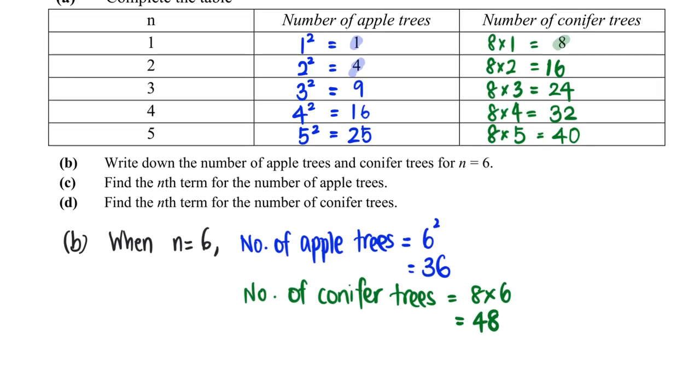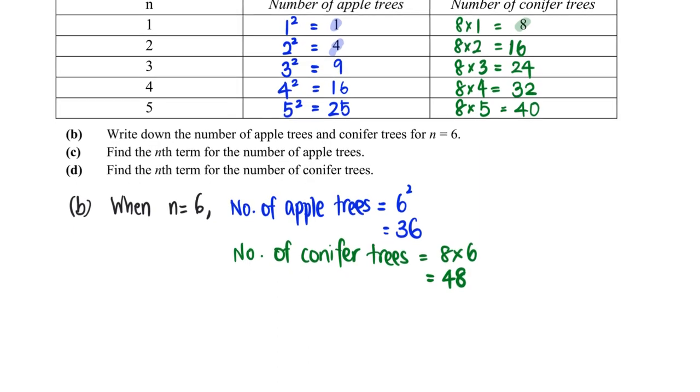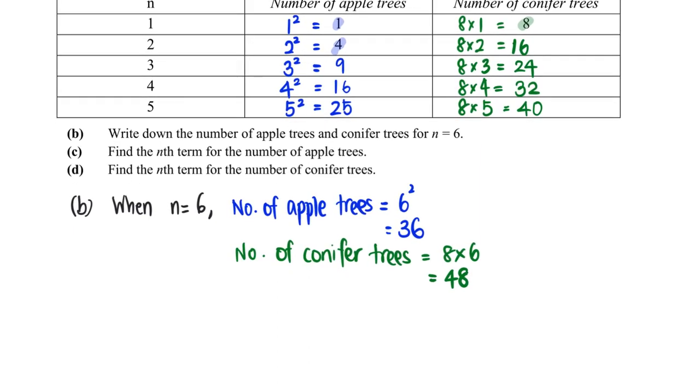And let's stay focused on the table. Okay, that will help us to solve for part C. Then, what do you think is the nth term for the number of apple trees? When it is 1, it is 1 square.